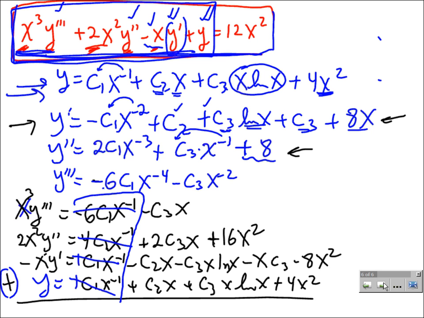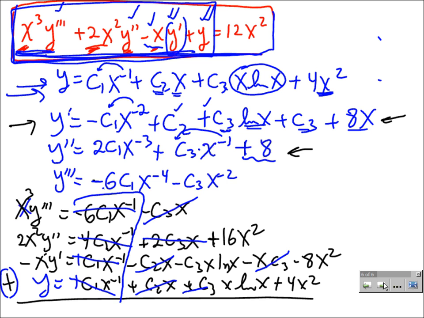Now I'm taking away c3x, and I'm taking away another c3x. So I took away 2 of them, and then I add back 2 c3x's. That cancels. I have c2x. I take away 2c2x. That cancels.